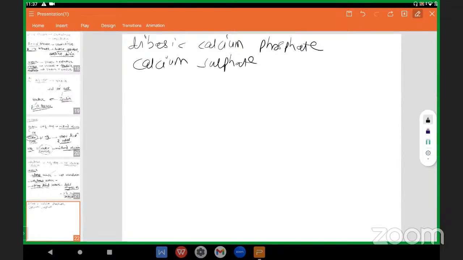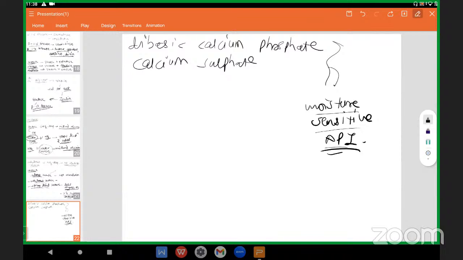These materials we also use for diluent purposes, but for which drugs? For drugs that are moisture sensitive. In that case, we use these materials as diluents. So you can write it. You can include one more example, dibasic calcium sulfate.